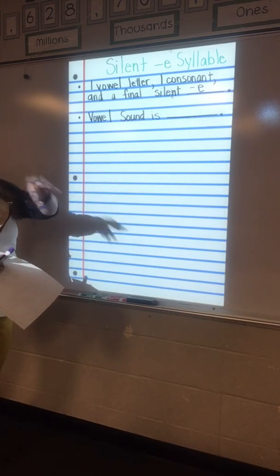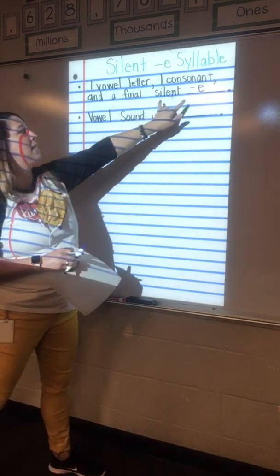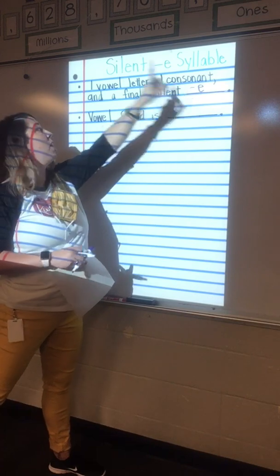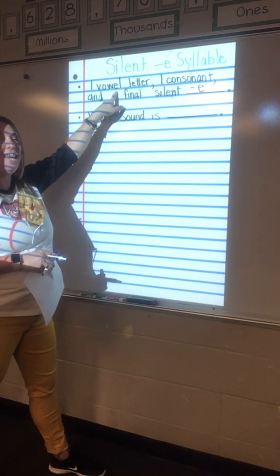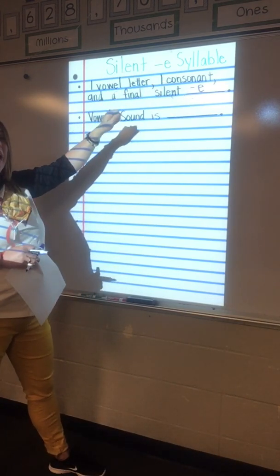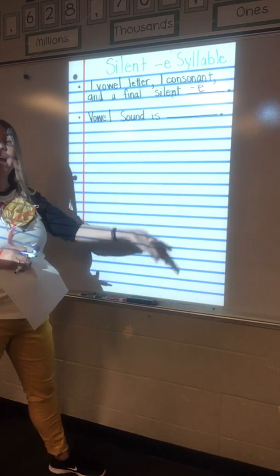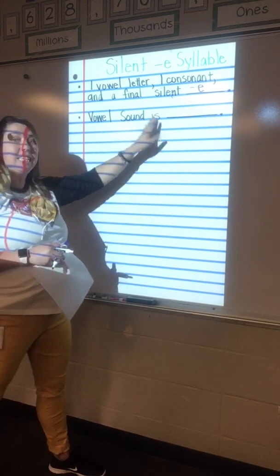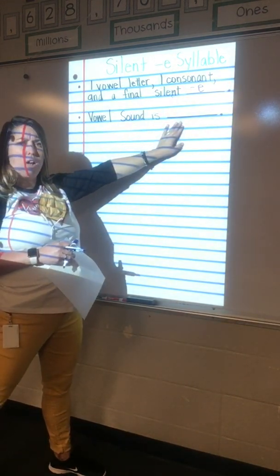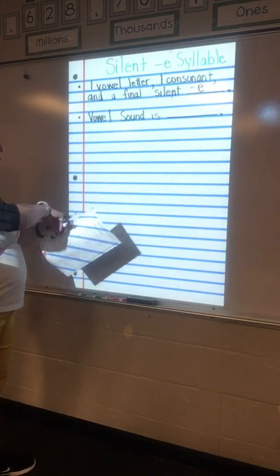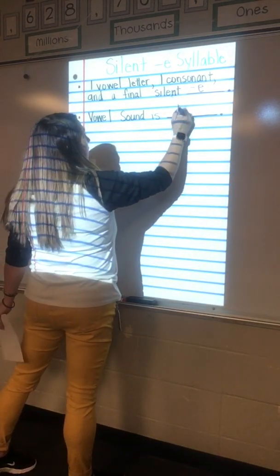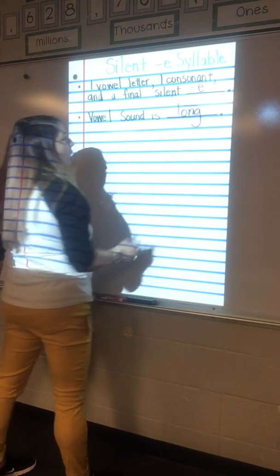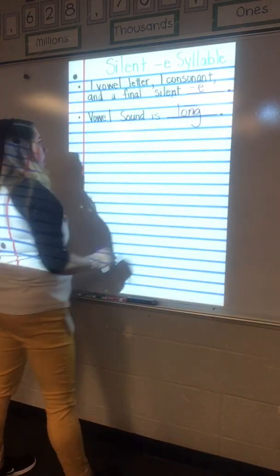Well, I remember that whenever I see a silent E, or we call him the magic E, it always helps the first vowel say its name. So when A says its name, it's A. When I says its name, it's I. So the vowel sound is short or long. If you said long, you are correct. It is long. That's the long vowel. And I'm going to write the symbol up above it for long. Remember, it's just the line that goes above it.